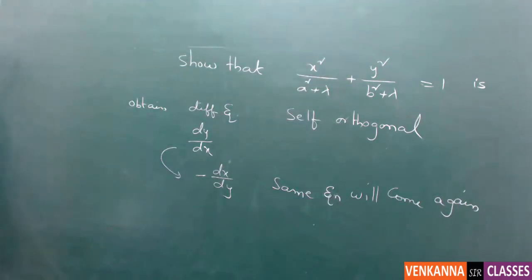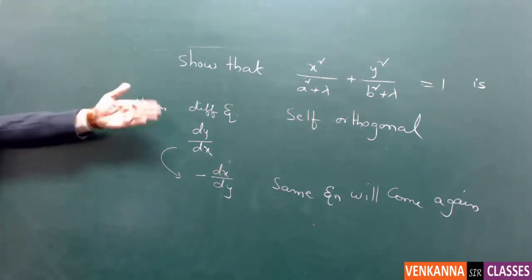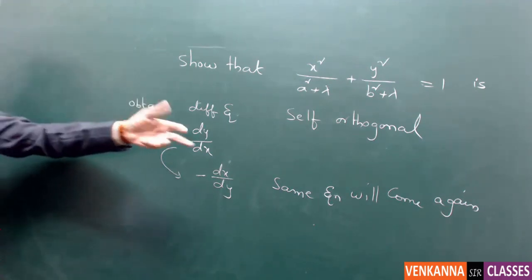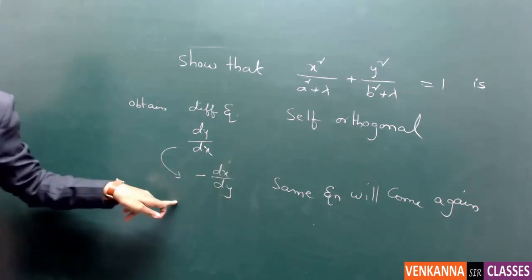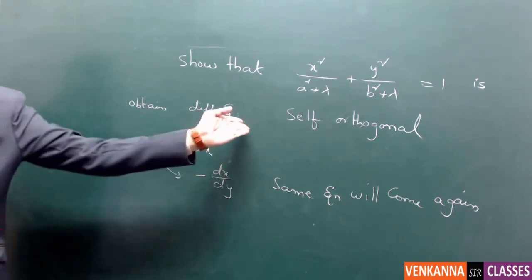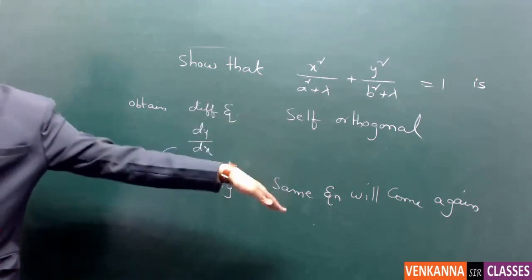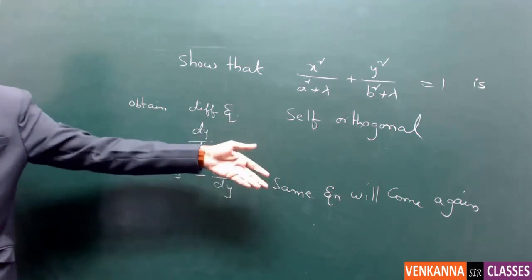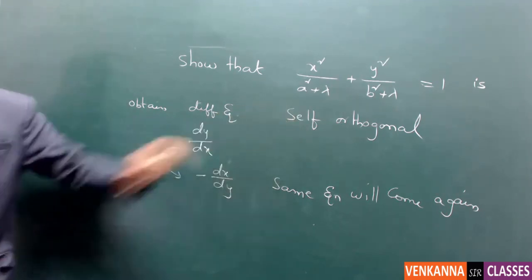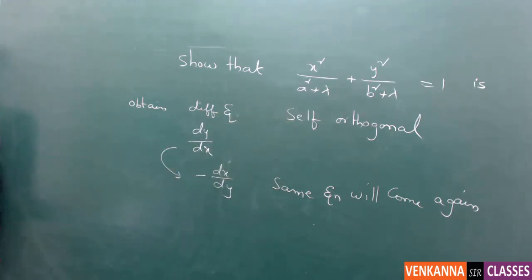So whenever the same differential equation appears on replacement, what does it mean? Whatever the equation here will automatically be the solution of this differential equation. So the system itself is self-orthogonal. So in this way, we prove that it is self-orthogonal.